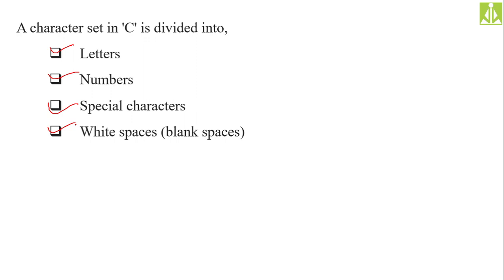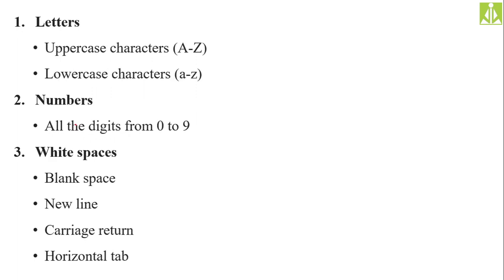So what are letters? Letters are all the uppercase and lowercase letters from your English. Whatever English characters you have on your keyboard, all those English characters, both uppercase capitals and lowercase small letters, you can use when you're writing the C program. Okay. The next thing, the numbers.